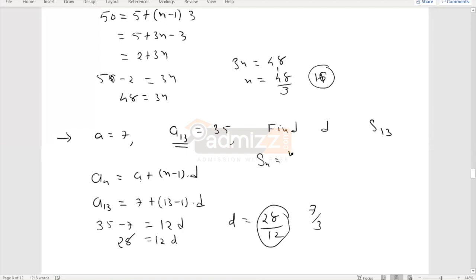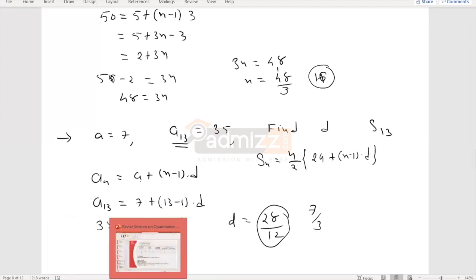So which formula do I have to apply here? Arithmetic progression is given, so n by 2 in the bracket twice a plus n minus 1 into d. All terms are given, so you may use this here.